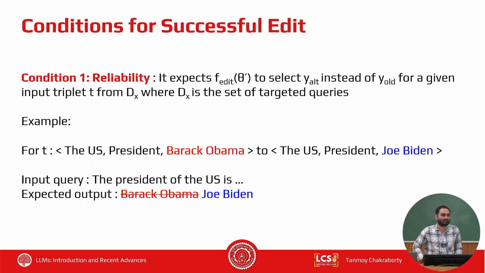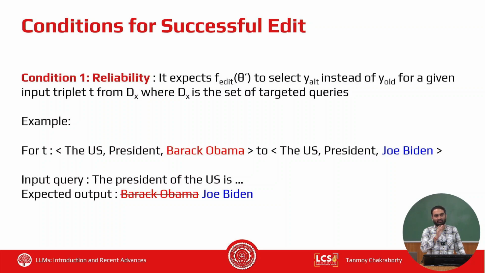Now if you ask where the current president's office is in the US, the language model should be able to say that this is Washington DC. It should not say that this is New York. So the related concepts which are related to the US president or Joe Biden may or may not be affected, depending on the context.